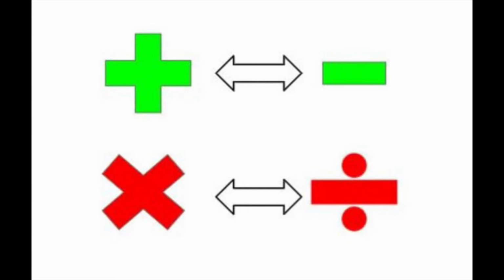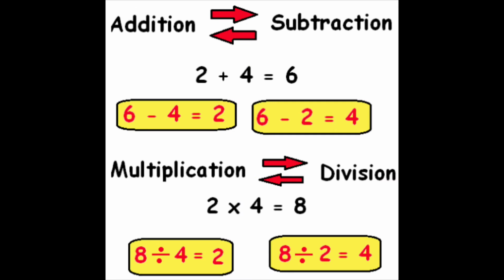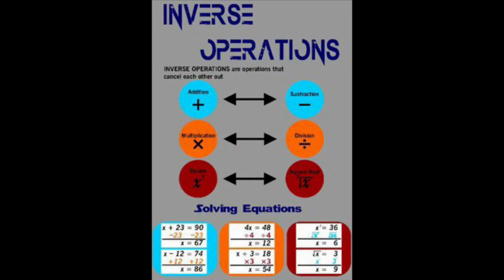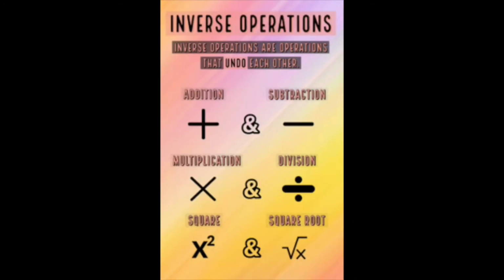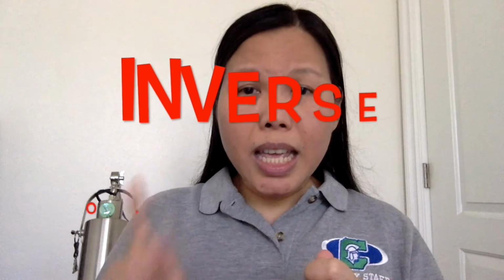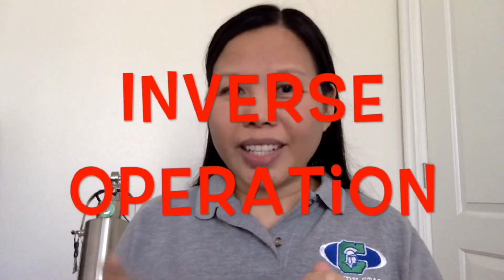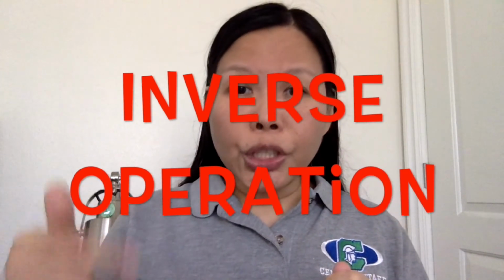If it's multiplying, the inverse is dividing, and the opposite of dividing is multiplying. Go ahead and say it one more time, please: inverse operations, or undoing the operation that is with the x to solve for the x.